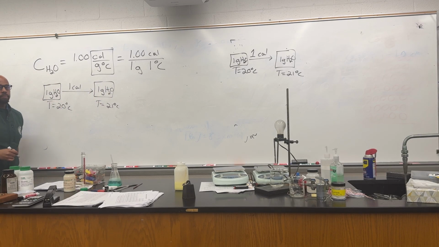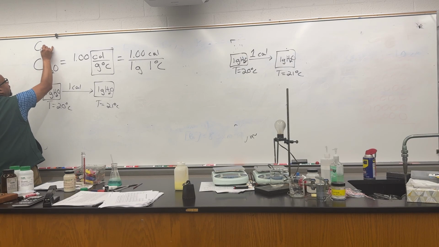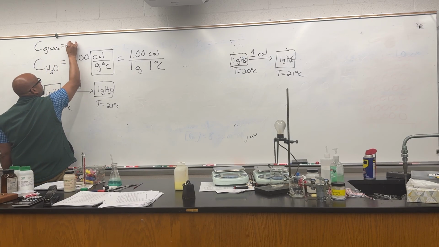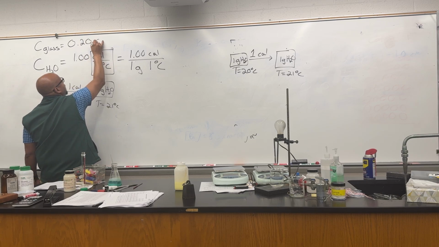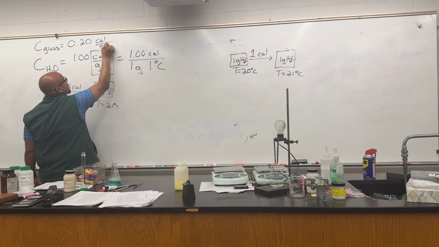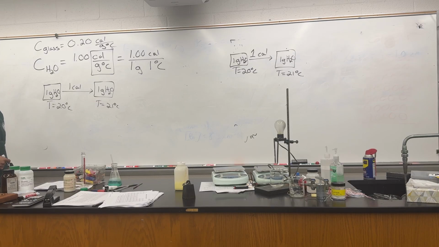Somebody help me out. If you look at that table, it tells you that the specific heat capacity for glass, so C of glass, happens to be equal to 0.20? Yeah. All right. Cals per gram per degree Celsius. Watch what's going to happen here. You're going to start to notice something.